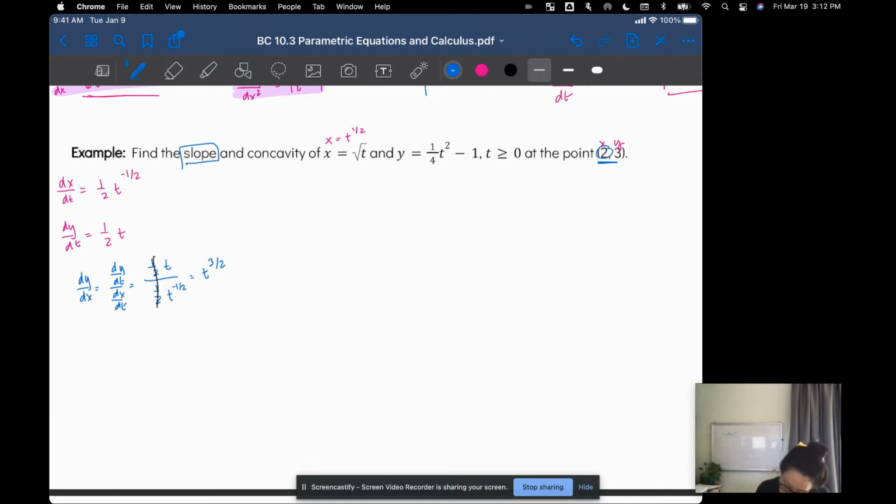I'm going to plug in 2 for x to solve for t. So x is equal to the square root of t, so 2 is equal to the square root of t. Square both sides to give me t is equal to 4. So when x is equal to 2, the time was 4.